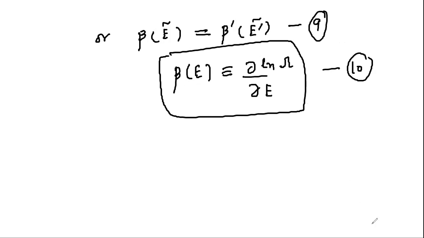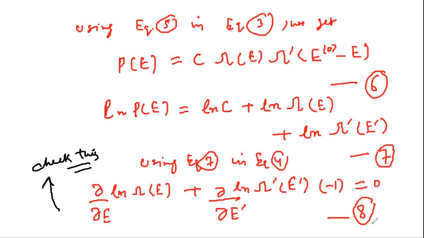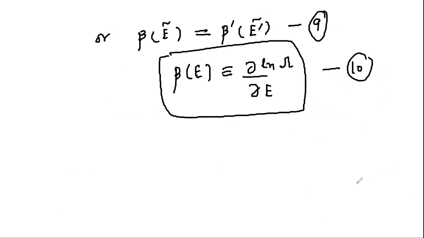So this equation 8 is then equation 9, because this becomes beta pertaining to system A. When you take it to the right hand side, it becomes positive. That becomes beta prime, which we have written. But at the energy E curly, where the probability of E or ln of that maximizes.